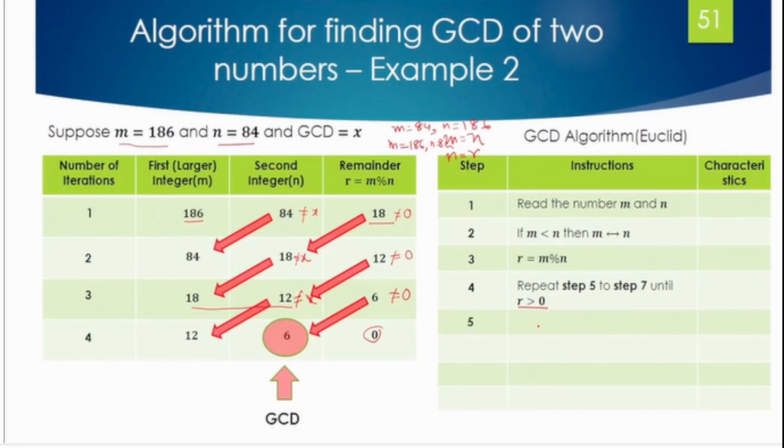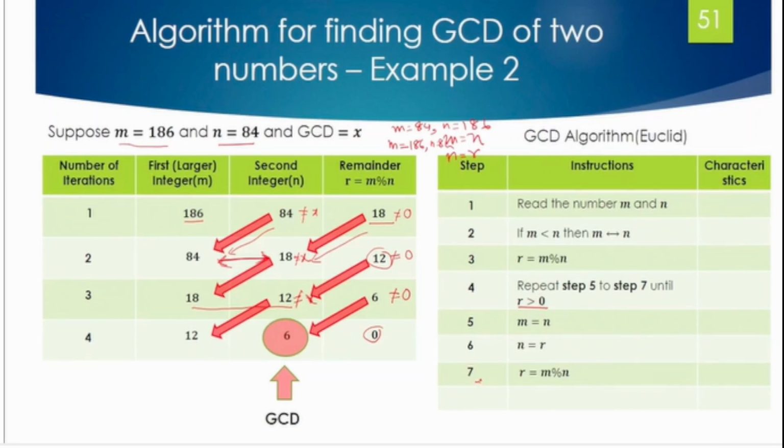What are steps 5 to 7? First you assign m equal to n, that means this line. Then you assign n equal to r, that means this line. And then you calculate r equals m percent n, that means here you take the remainder between these two and calculate it. Now check this r: if it is still greater than 0, you need to repeat again.